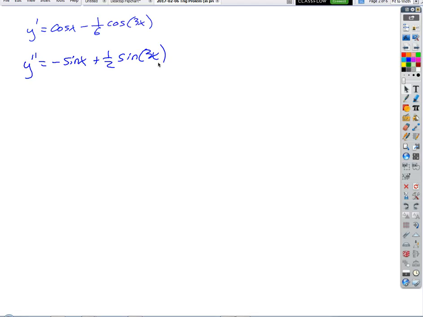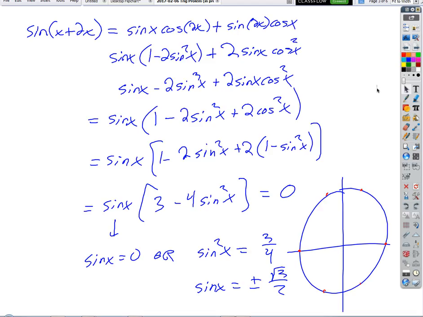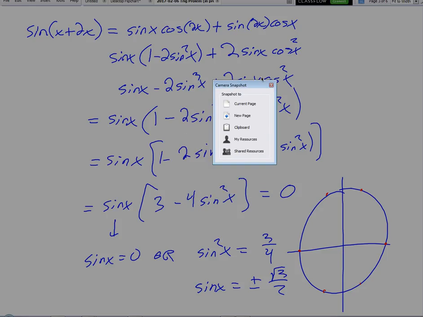But then we never went back to the original second derivative function, right? So what we needed to do here, we turned sine 3x into this, right? Okay, so what we really needed to do here was take this guy.